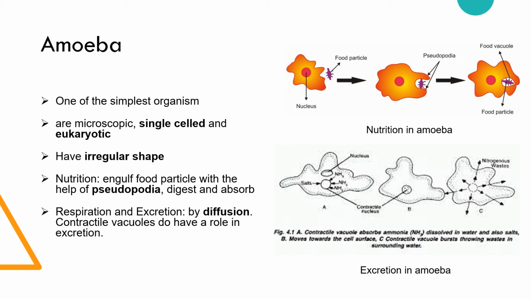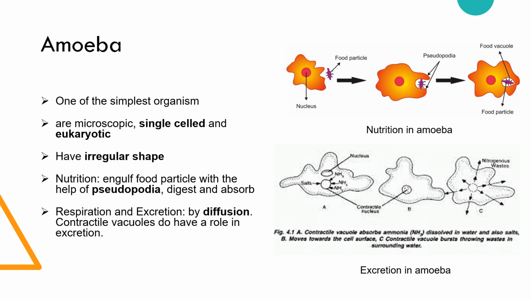Amoeba has no special excretory organ. The undigested food is excreted out by the process of diffusion from the general body surface in surrounding water. Contractile vacuole collects, moves, comes in contact with plasma membrane and bursts to release the waste material into the surrounding.